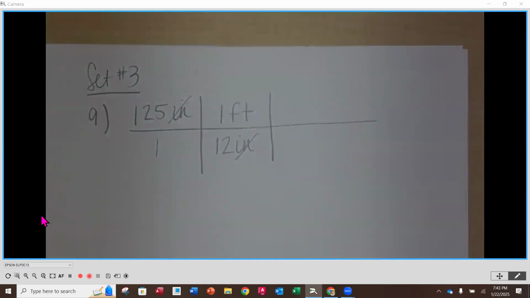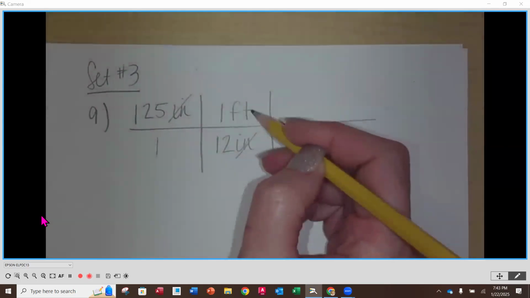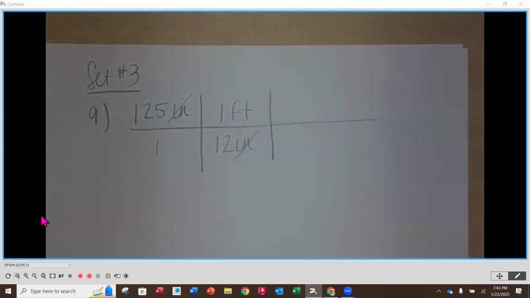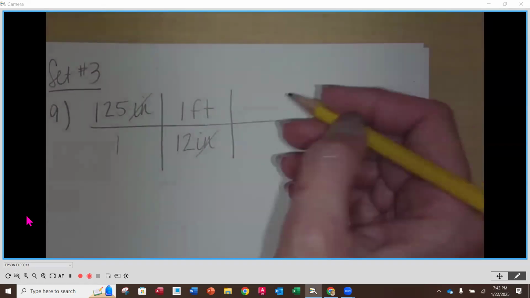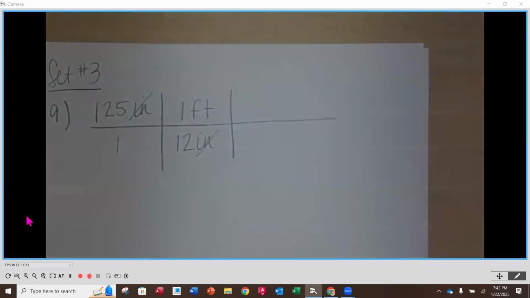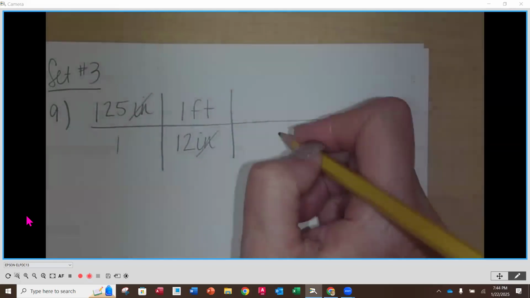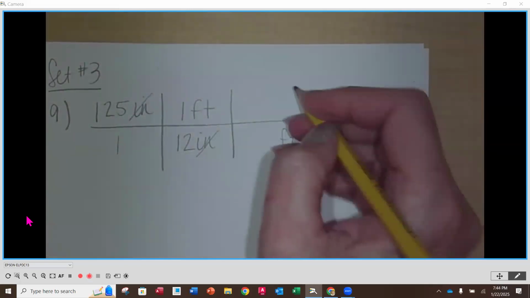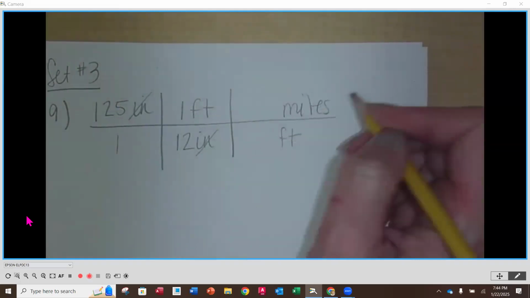So by going 125 times 1 divided by 12, I am now in feet. I haven't canceled that out yet. But again, that's not where I want to be, right? So I'm going to move down the line a little further, and I've got to get to miles. So I want feet to cancel. Since it's in the top right now, I'm going to put feet in the bottom here, and miles are going to go up on the top.